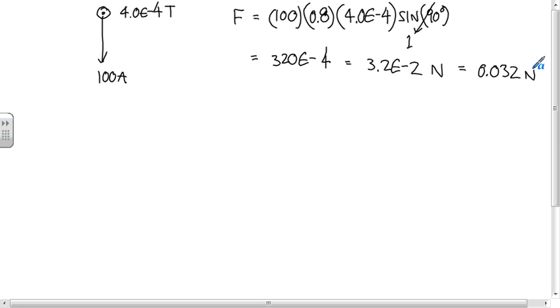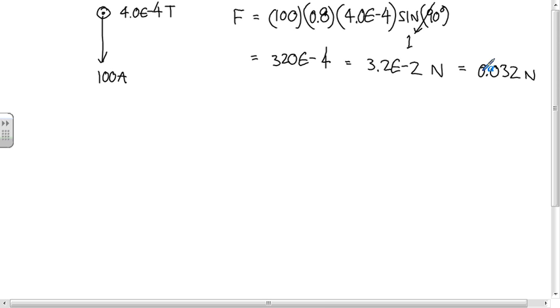So it's not really that strong a force, but it doesn't take much force to make those loose wires suck towards each other. But now we have to figure out the direction. So which way do you have to rotate the current to make it line up with the magnetic field? And notice if you try to make the magnetic field line up with the current, you get your direction backwards. So if the current's going down and the magnetic field is coming out, to make I align with B, you have to rotate that way. So we're talking about a circle in this direction.